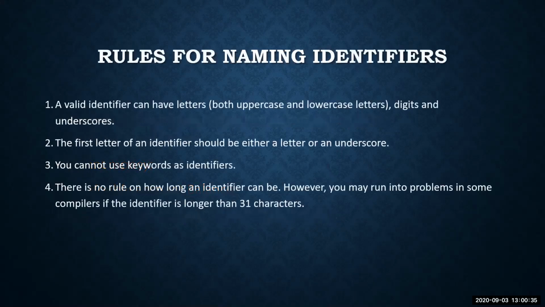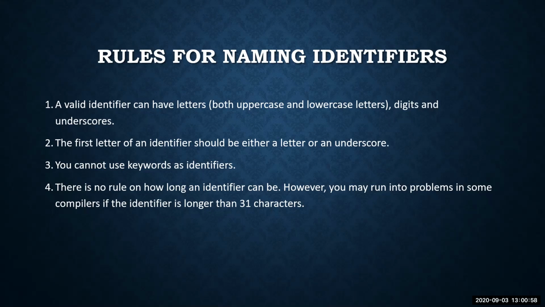Next we discuss the rules for naming an identifier. How do we give a name to an identifier? The first rule is a valid identifier can have letters both in uppercase as well as lowercase.